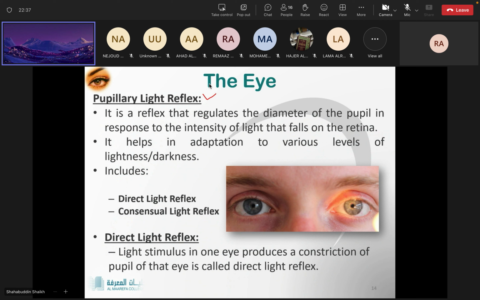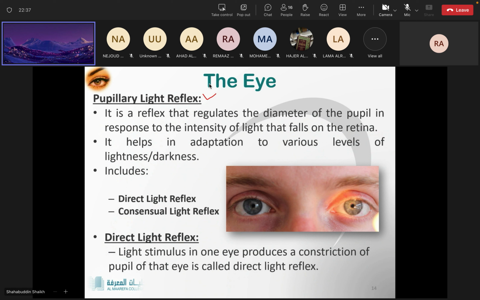Okay. So this is what happens here. For light from a distant object, the lens will relax and become thin, and the object will focus because of the natural bending ability. The light will focus on one point, that is the fovea centralis. Okay. When the object is near, the light is not coming parallel actually, it is divergent.